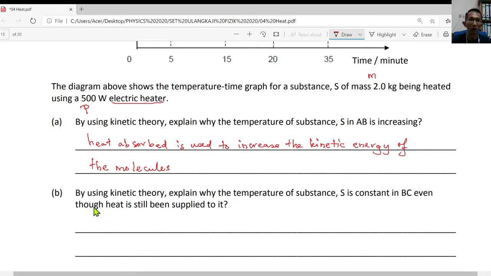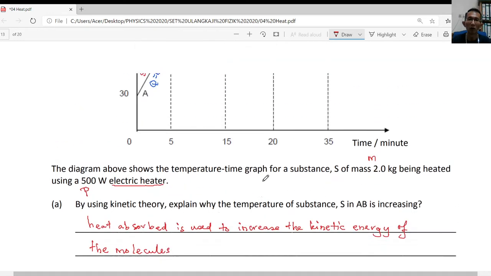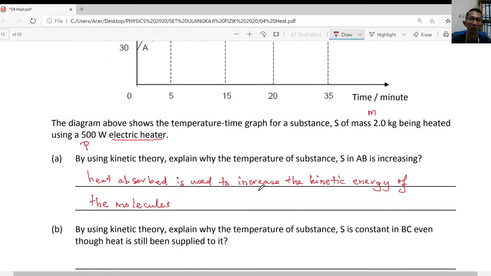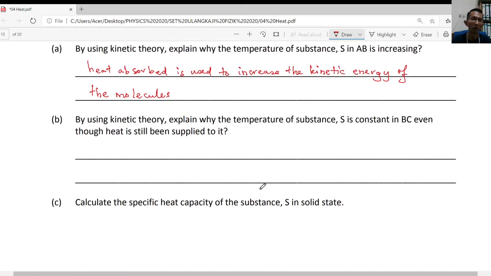Next one, by using kinetic theory, explain why the temperature of substance S is constant in BC even though heat is still being supplied to it. If we go to BC, the temperature remains at 70 degrees Celsius, from the 5th to the 15th minute. Why does the temperature remain constant even though the material here is still being heated? We have talked about this.